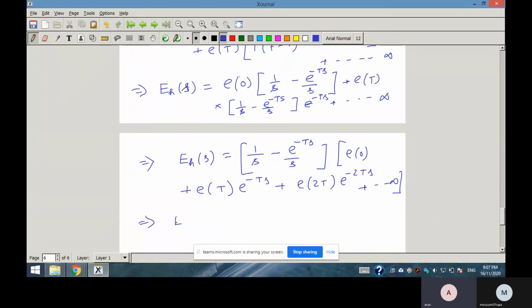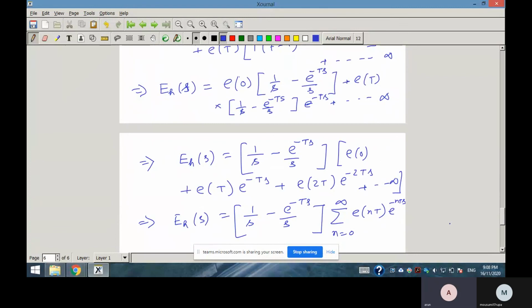This implies e_h(s) is [1/s minus e^(-Ts)/s] into this summation, which you can represent as the sum for n equal to 0 to infinity of E(nT) e^(-nTs).